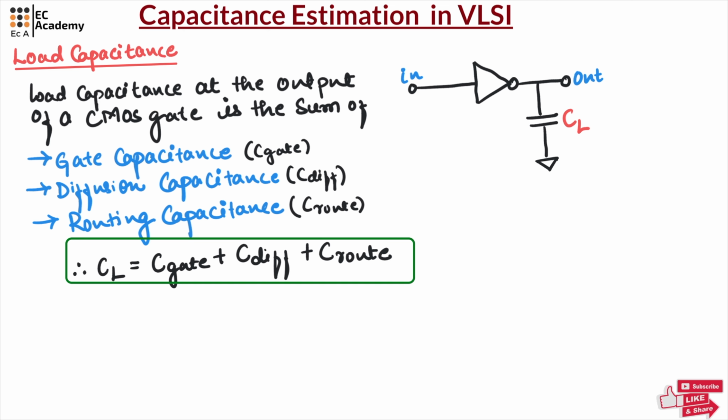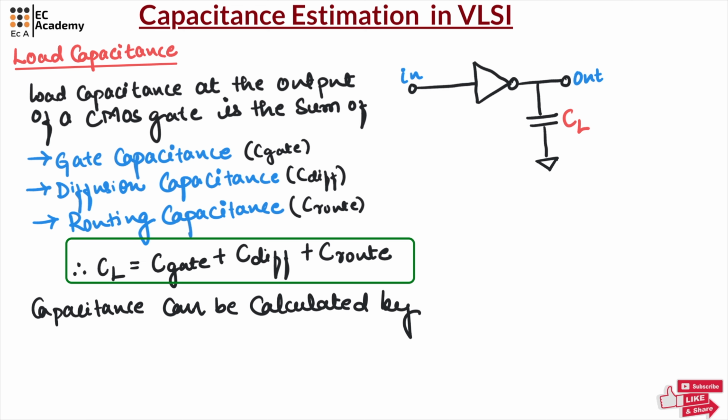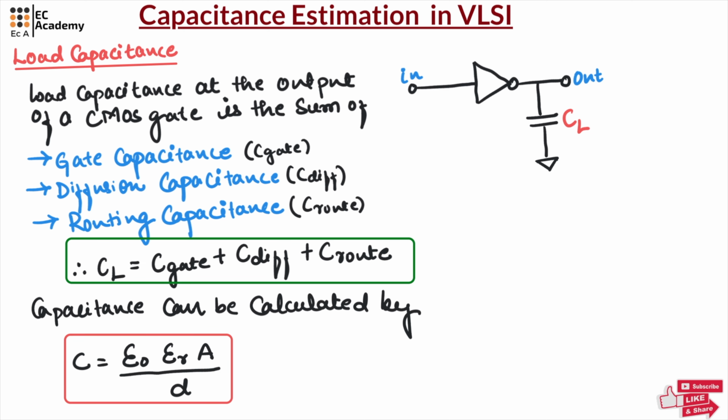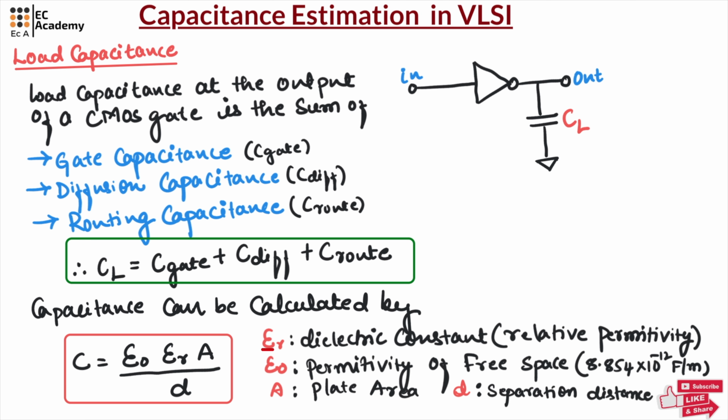Now, how do we calculate any basic parallel plate capacitor? The capacitance can be calculated by C is equal to epsilon naught into epsilon R multiplied by A divided by D, where epsilon R is the dielectric constant or relative permittivity and epsilon naught is the permittivity of free space, which is 8.854 into 10 to the power of minus 12 farads per meter.